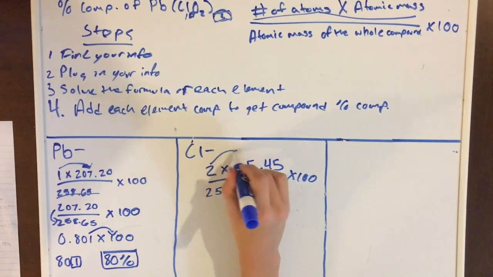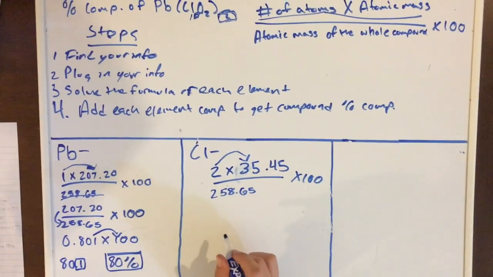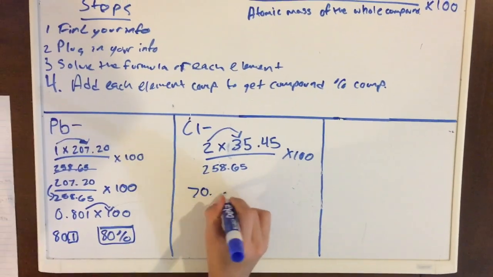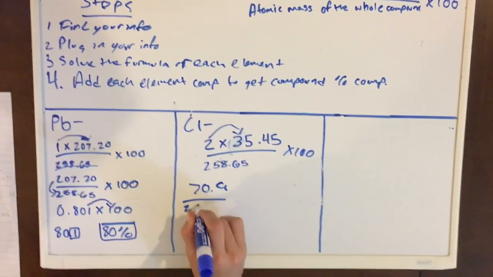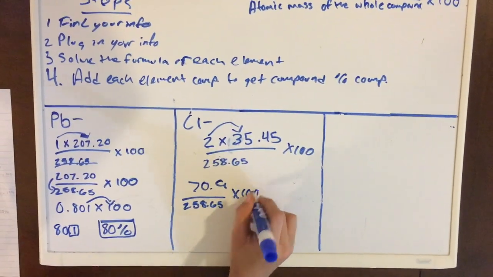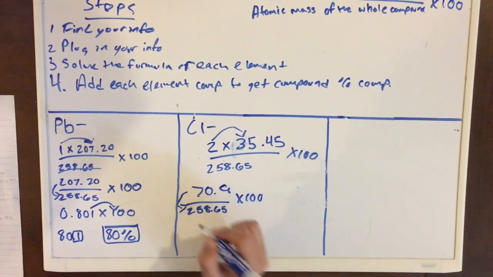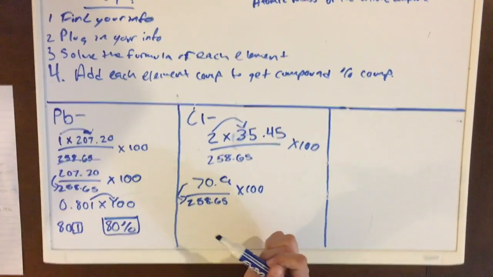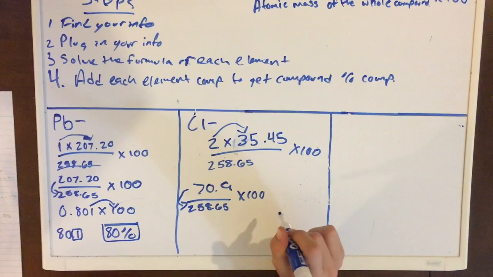What you want to do is multiply this 2 by this 35.45, and you will get 70.9 over 258.65 times 100. And we'll divide the 70.9 divided by 258.65.